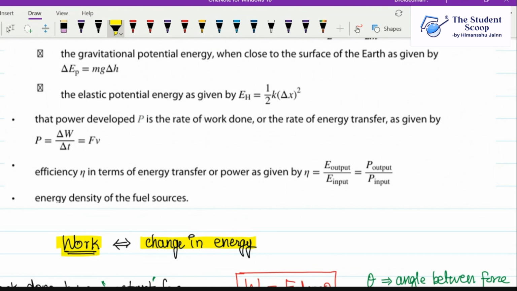But in most of the cases, whenever some force is performing some work, it will always cause a change in energy. And in this chapter, we are going to first learn how we can calculate work done, what is work, and then we are going to cover how the energy changes and how both of these quantities are related.